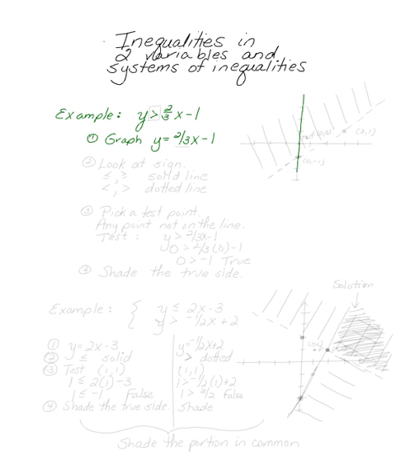So let's get ourselves a coordinate system. We just want to graph the line y equals 2/3 x minus 1. You should know how to graph this line.